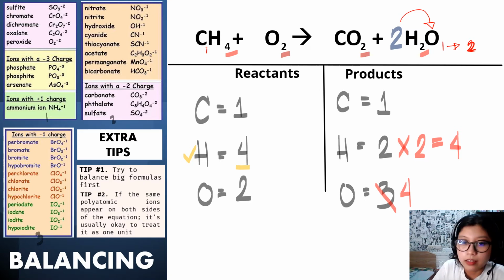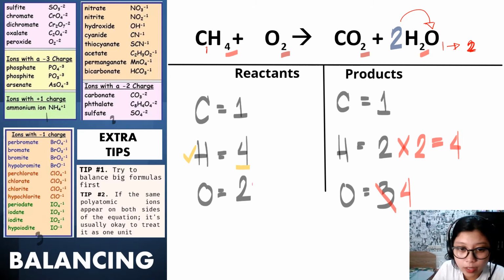However, the oxygen in the product side and the oxygen in the reactant side don't have the same number of atoms. So how are we going to balance them again? This time, we are going to do some adjustments in the reactant side. How?